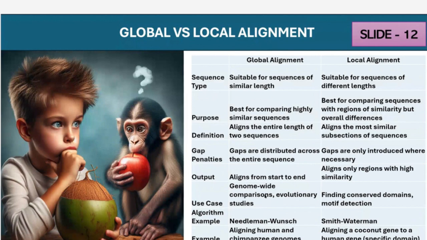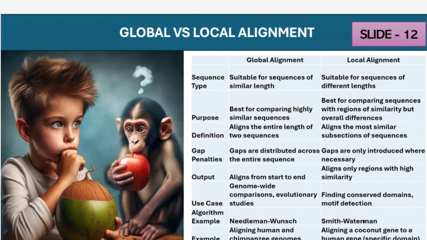The main use of global alignment is genome-wide comparison and evolutionary studies, among other applications. Local alignment helps in finding conserved domains and motif detection. Some algorithms work behind these alignments: for global alignment, the Needleman-Wunsch algorithm, and for local alignment, the Smith-Waterman algorithm.